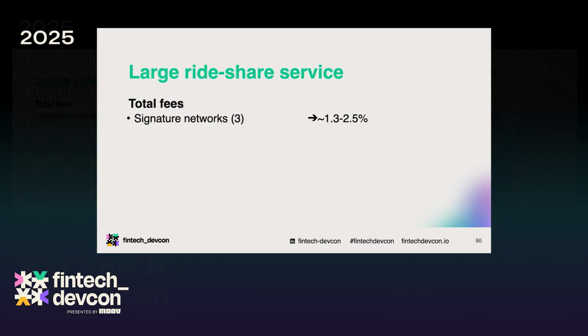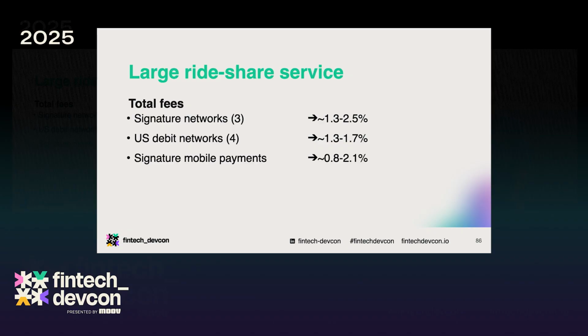So zooming in on them a little bit, if they process over the signature networks with cards, they see fees of around 1.3 to 2.5%, while over US debits, that is 1.3 to 1.7%. So that's, especially on the higher bound, a pretty significant drop. What's interesting, though, remember we were talking about tokens.